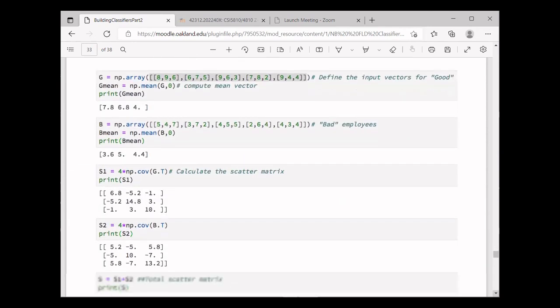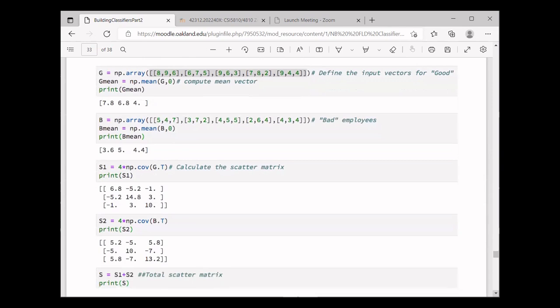And we will carry out these calculations using Python. All right. So basically, you can say we have an array of feature vectors labeled as good, and then we have an array of feature vectors labeled as bad. And what we do is we calculate the mean.